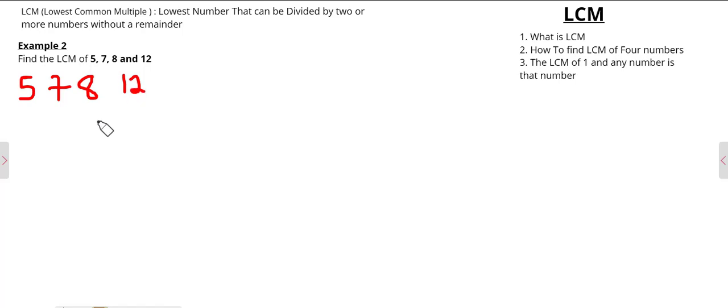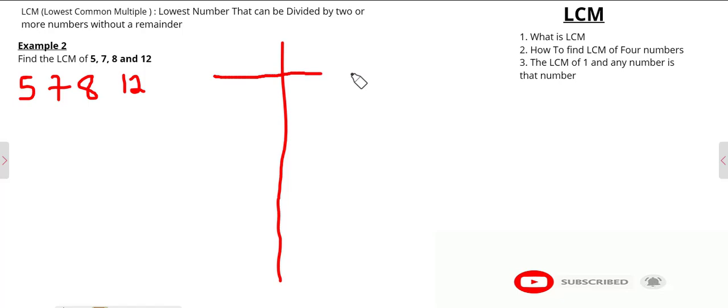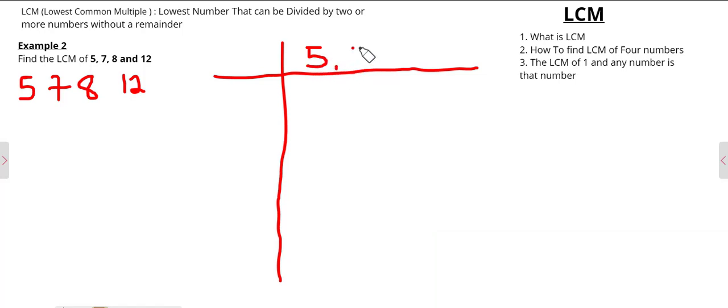If we are going to use our long division method, we know what to do already. So we bring down the numbers we are given to find their LCM. Pardon my writing, it might be bad, but hopefully you get the gist.